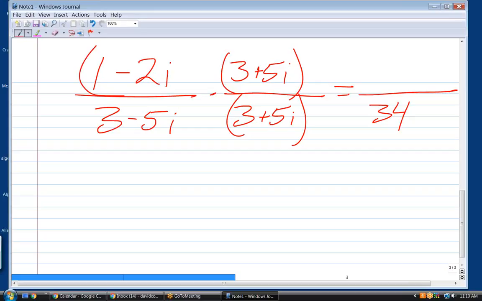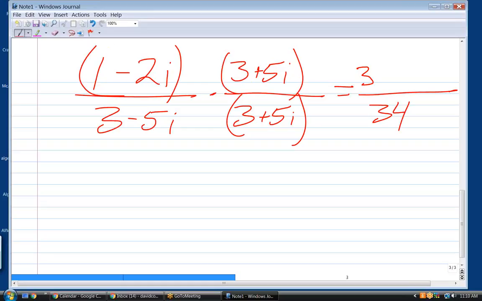Okay, FOIL these two. Tell me what you get. 3 minus 10i squared, possibly? Would it be squared or no? Well, first of all, hold on a moment. When I say FOIL, you know what that means? Yeah. Okay.